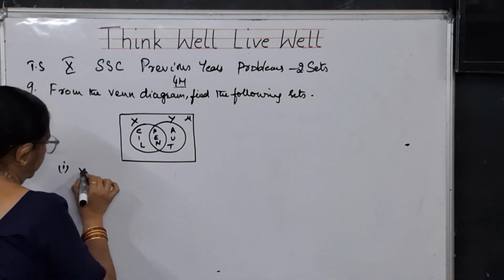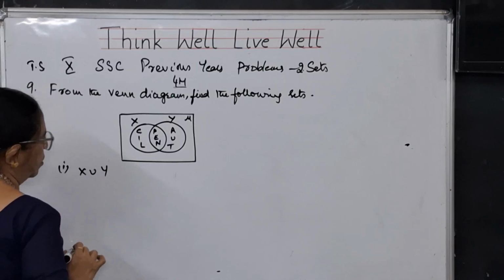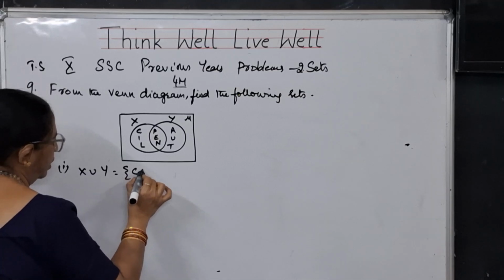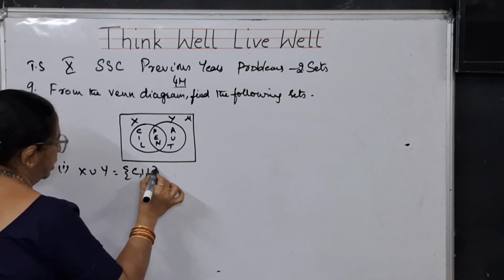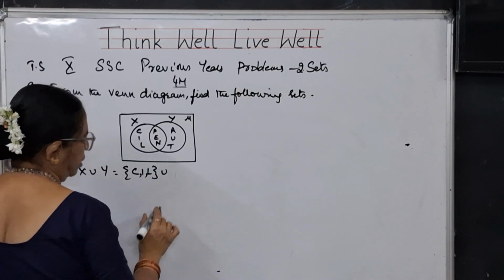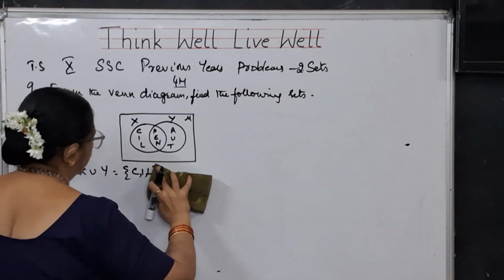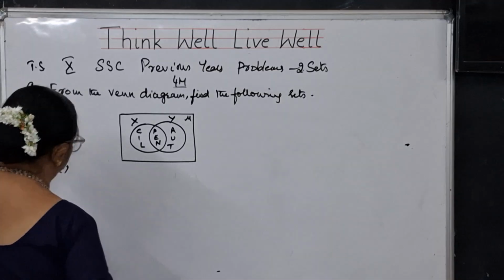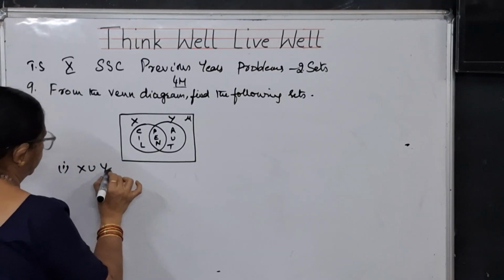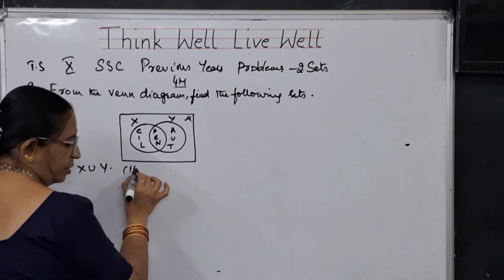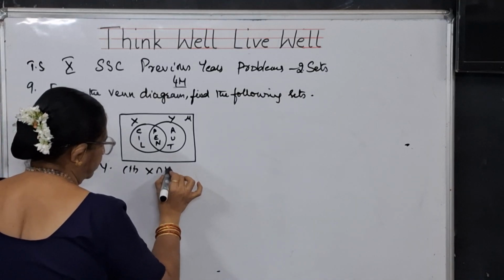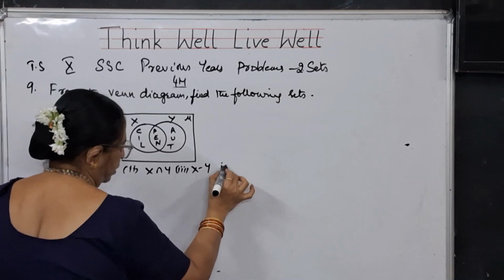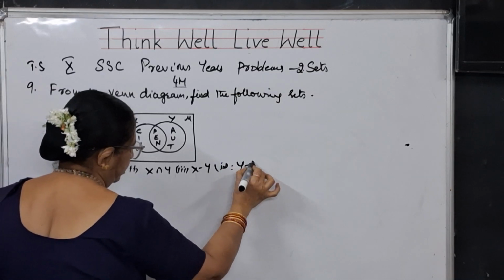The first one is X union Y. Let me write the problem, children. First is X union Y, and second one is X intersection Y. Third bit is X minus Y, and fourth bit is Y minus X.